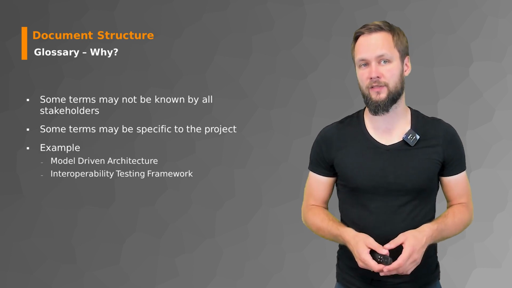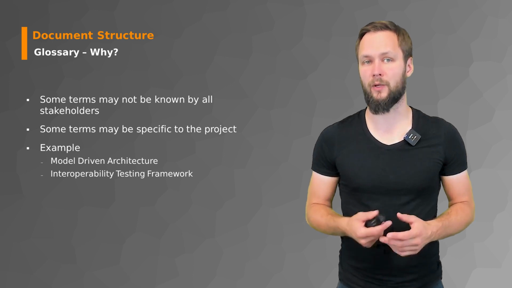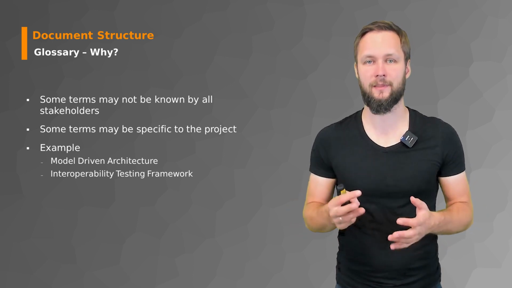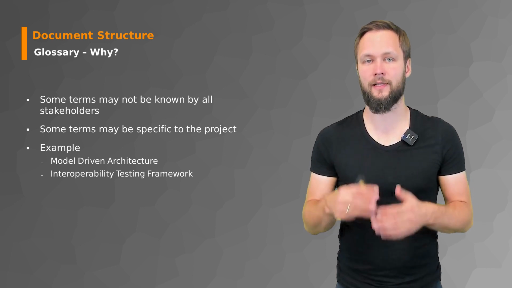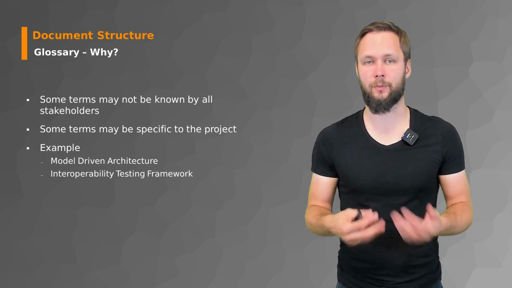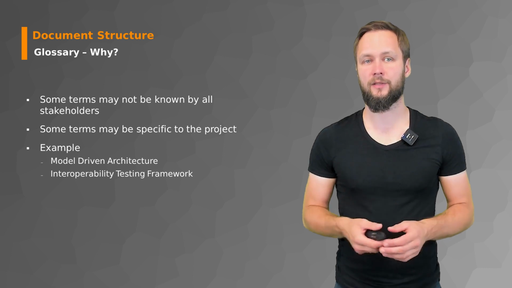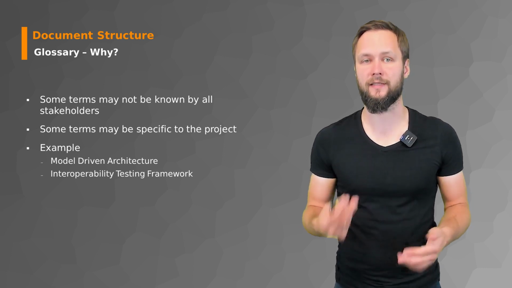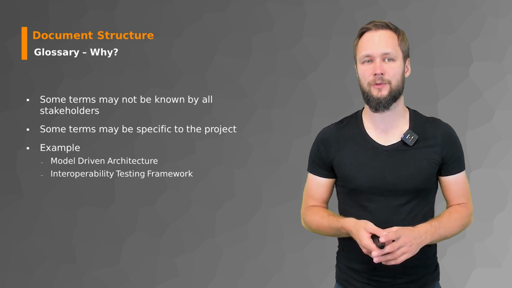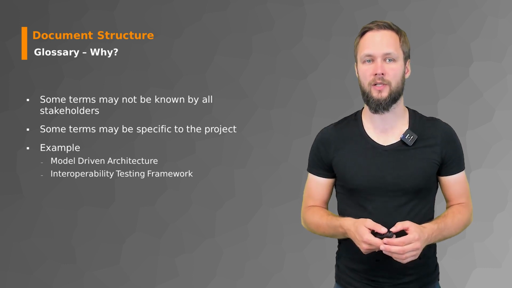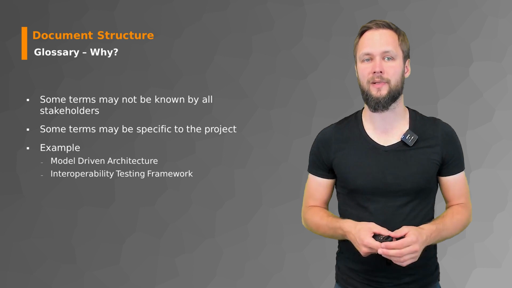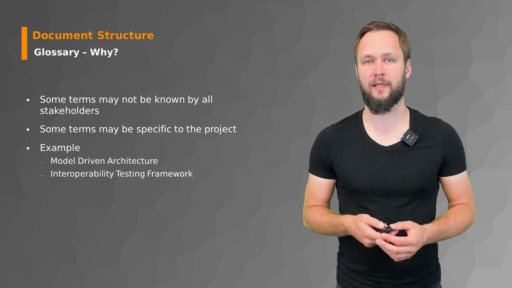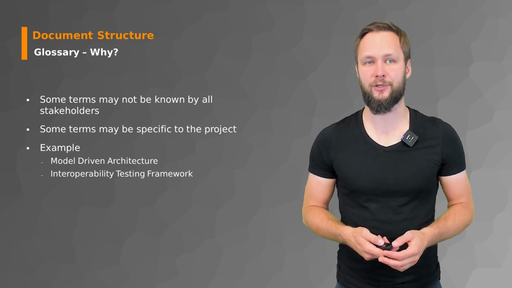And in addition, some terms may not be known by all stakeholders, so you need a place where you can explain them and write down a proper definition for all of them. And then there are some terms that may be specific to a project that also need to be written down somewhere. Examples could be model-driven architecture or interoperability testing framework, some things that need a little more explanation so that everyone is on the same page.